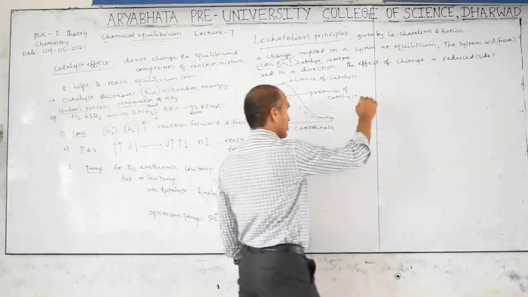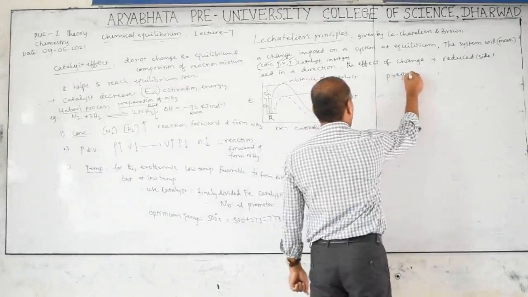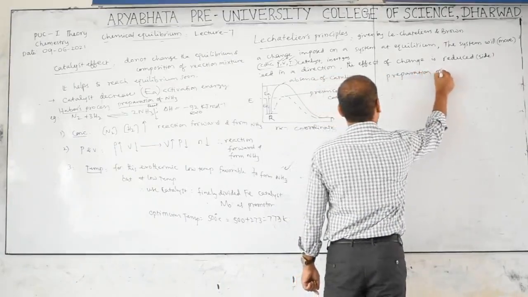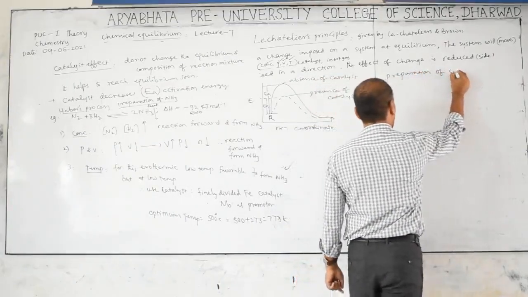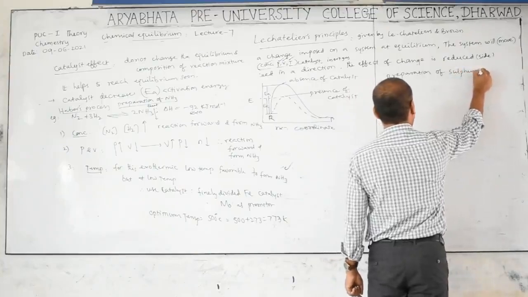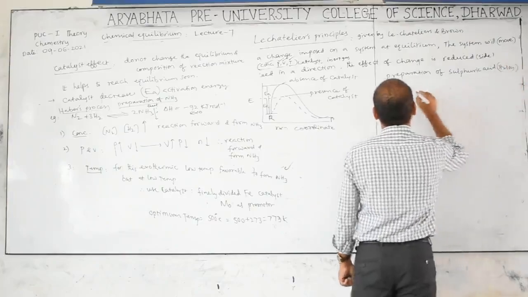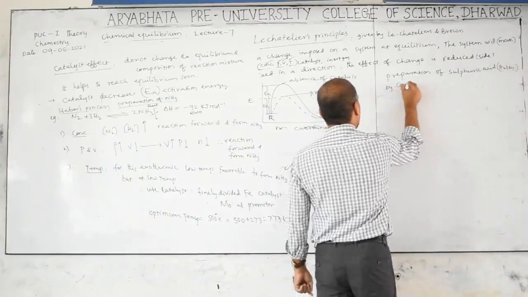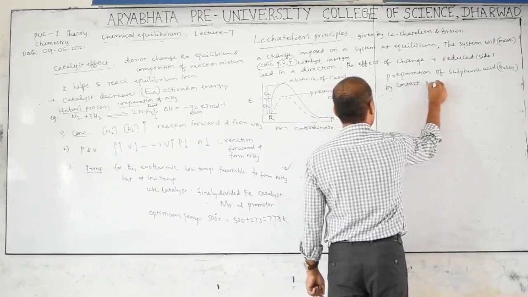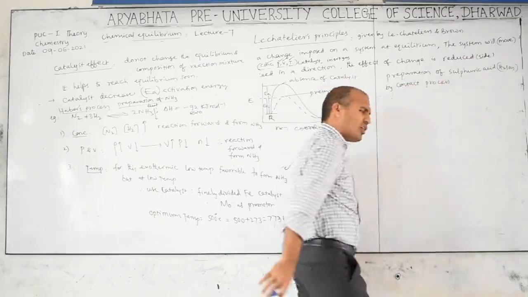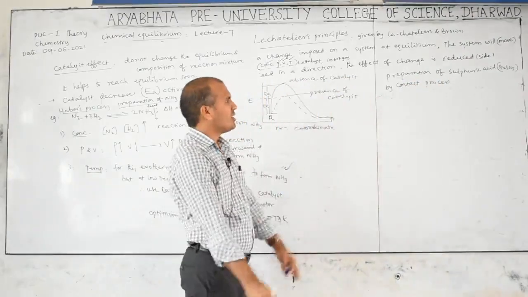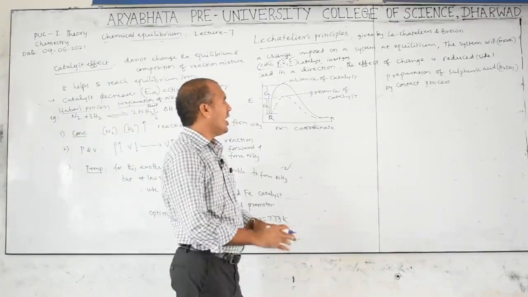Here, preparation of sulfuric acid, formula H2SO4, by contact process. Like this, the heading will not appear in your textbook. It is simply given in the form of explanation.